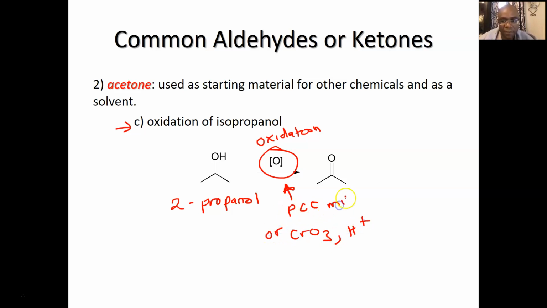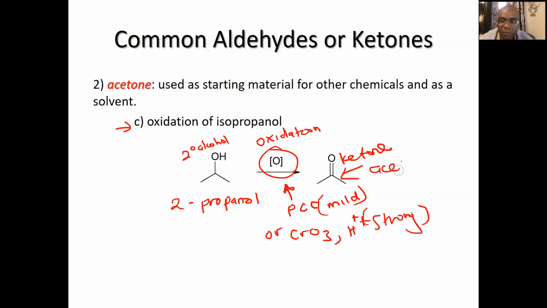PCC is mild. Jones reagent is a strong oxidant. Both of them will oxidize the secondary alcohol to a ketone, because always secondary alcohols are oxidized to ketones. And this happens to be your acetone. That's the third way you can make acetone.